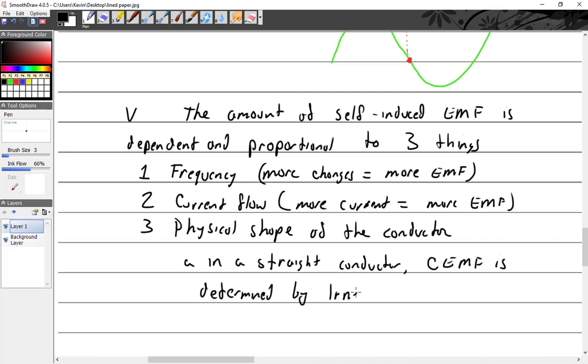What are lines of flux again? It's the magnetic field, the invisible magnetic fields off of a magnet.